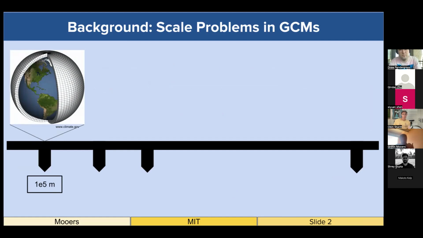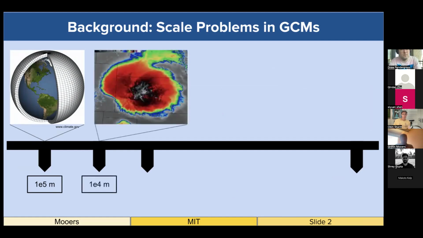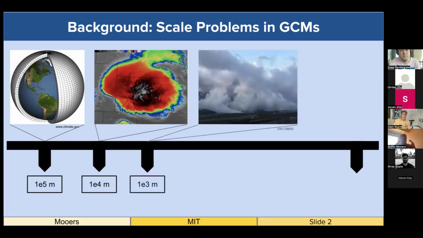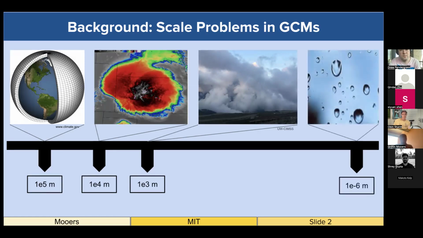This creates a lot of problems downstream because the things we care about in the atmosphere, like giant thunderstorm clusters, mesoscale convective systems, just the formation of individual clouds and precipitation, not to mention all of the atmospheric chemistry and microphysical processes going on, are all at much smaller scales than the typical resolution of a model grid box. So all of these processes have to be parameterized or estimated, and as you can imagine, this induces a ton of errors in our climate models.